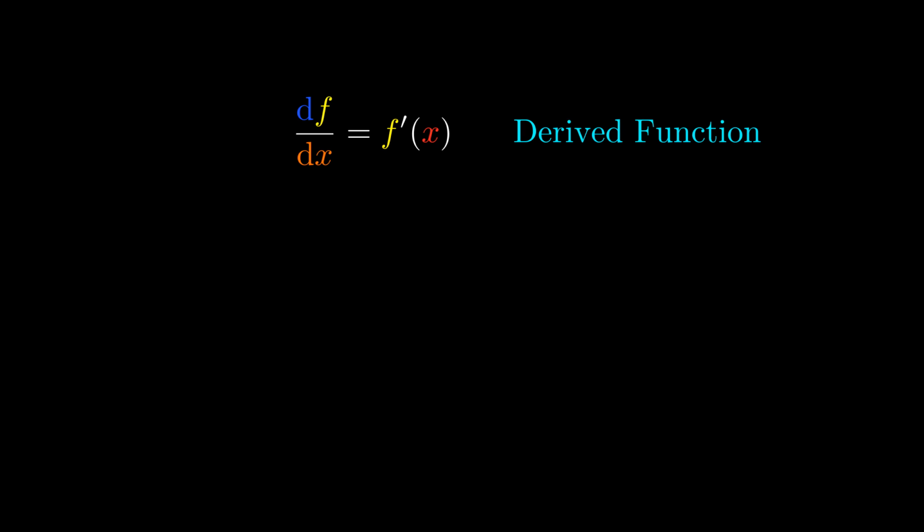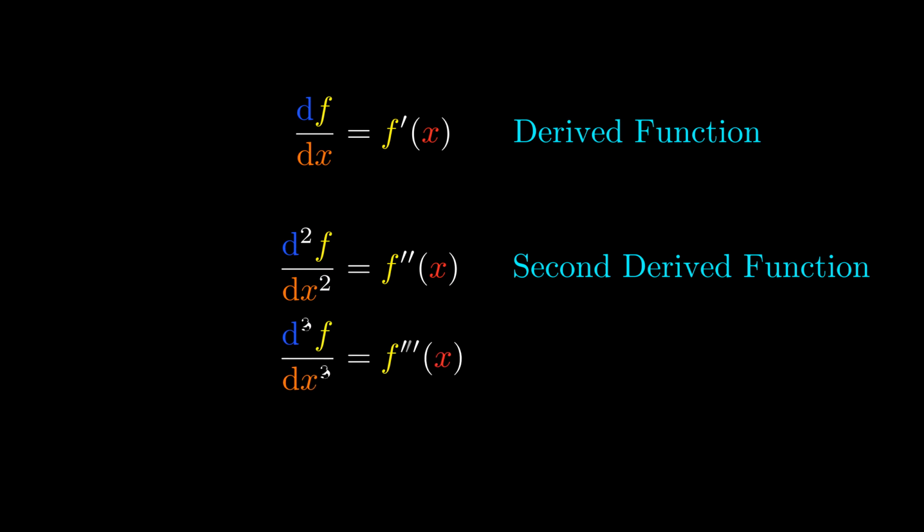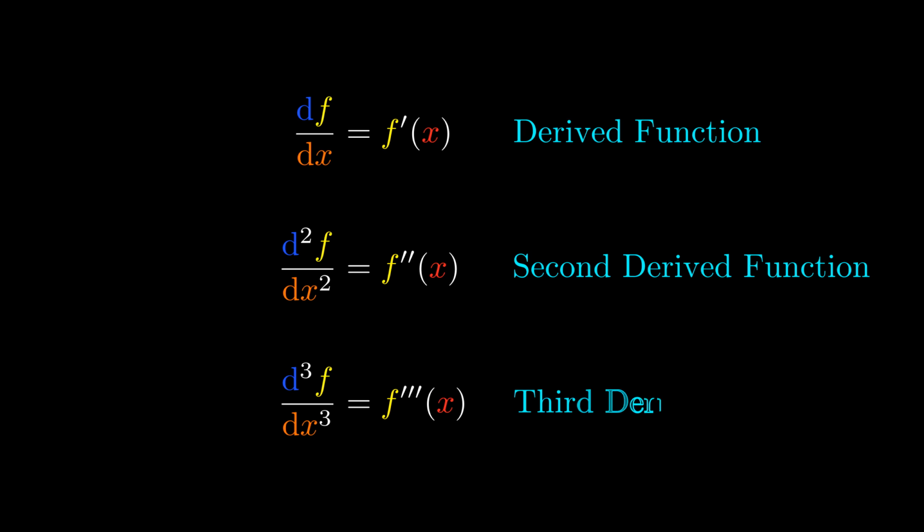Something new that we can do with this is that we can now repeat this process. We can differentiate this new function to find a second derived function. We can keep repeating this process to get more derived functions. Derived function is a bit of a mouthful, so let's shorten it to derivative. If we could replace all uses of differentials with derivatives, then we won't be dealing with infinitesimals anymore.